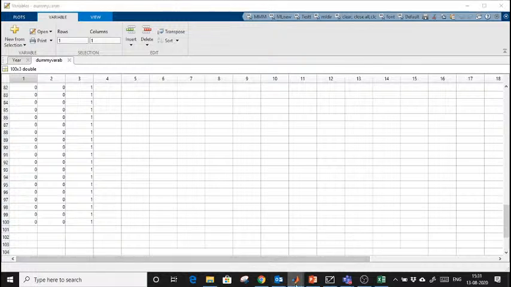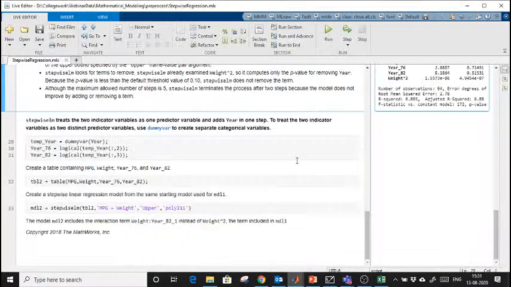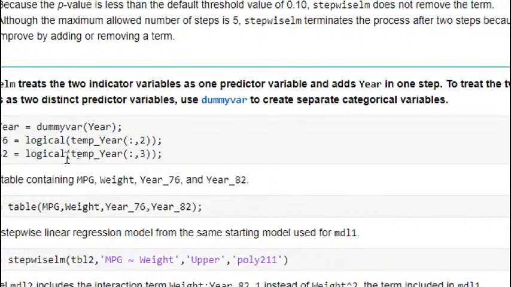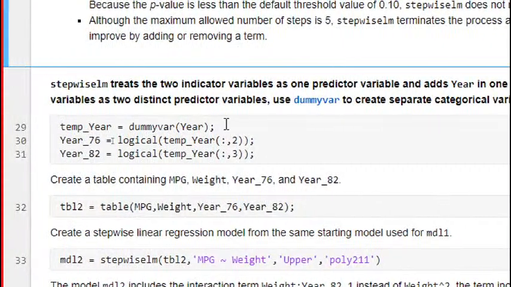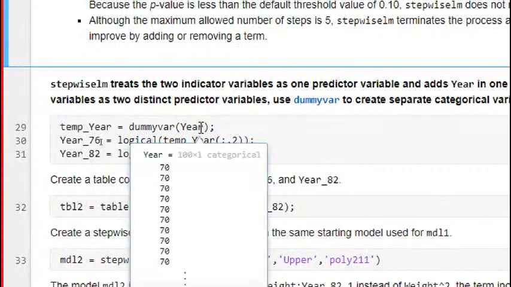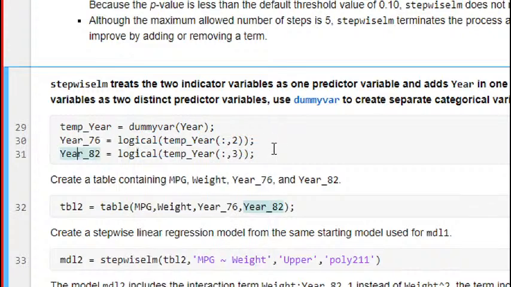So here you see, this was my model. First of all, I created a dummy of this year, so we get 3 columns, right? Further, I extracted 76, the second column, and 82, the third column, with all rows. So here you see I am not using 70, right?